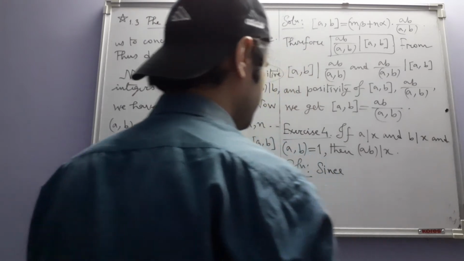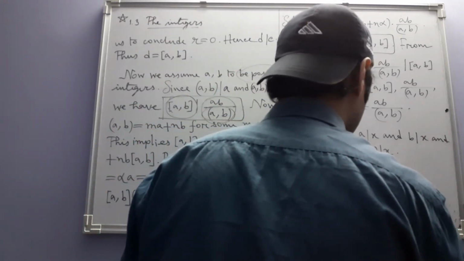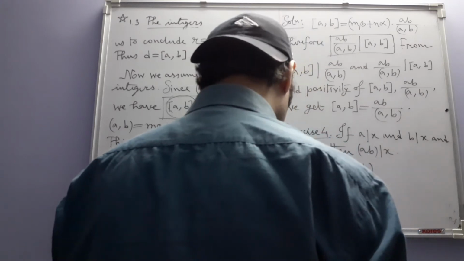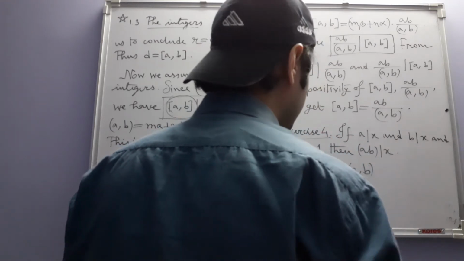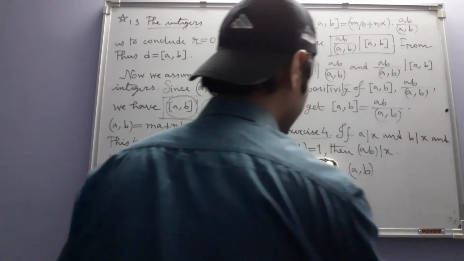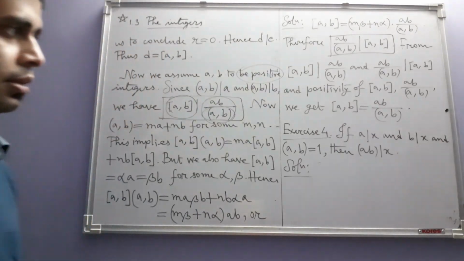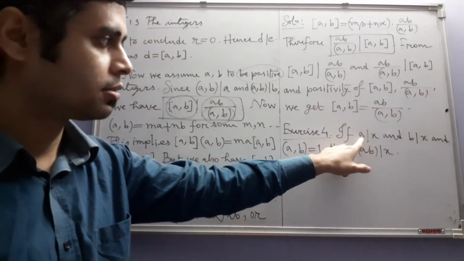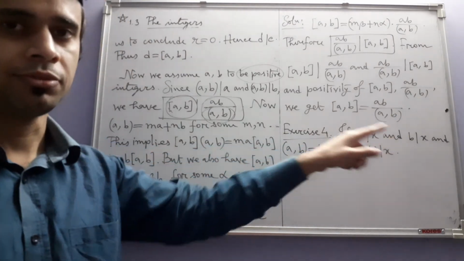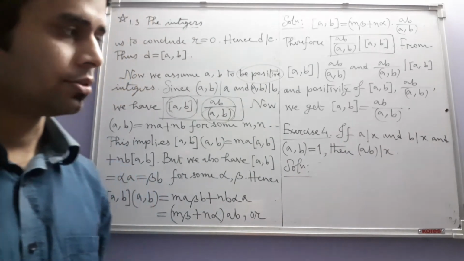Since, because yeah, I have to mention that thing. Okay. Now these divisibility relations already contain in them the fact that A and B are non-zero, but they may be negative also.